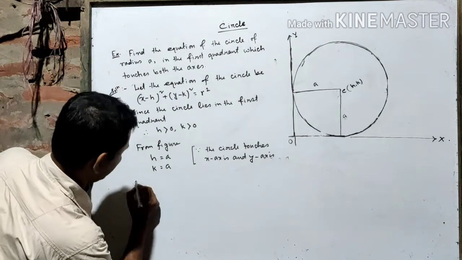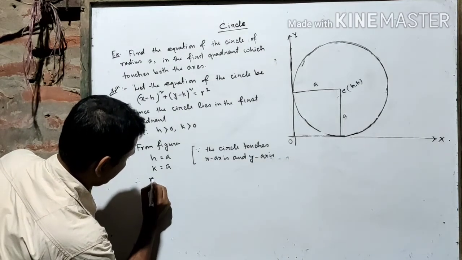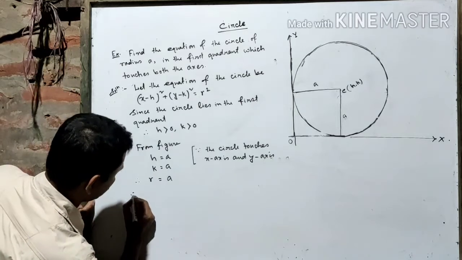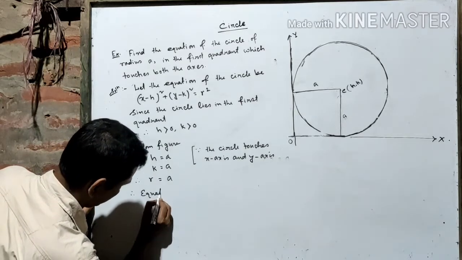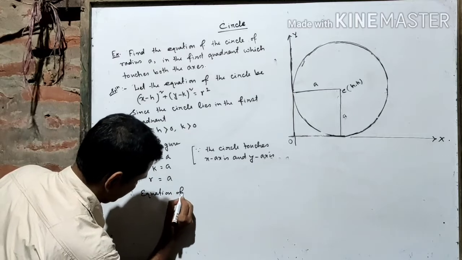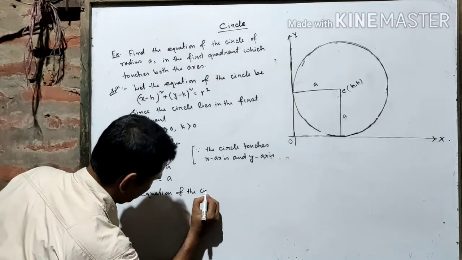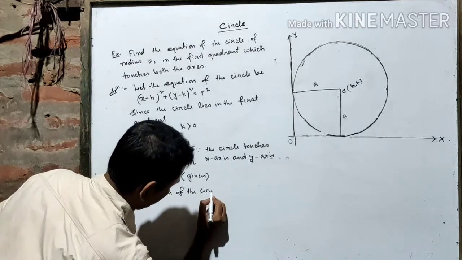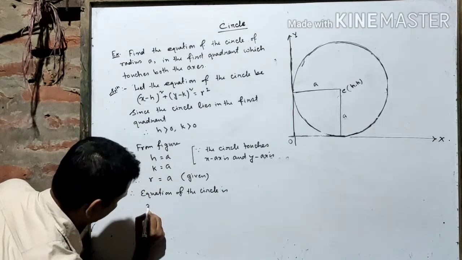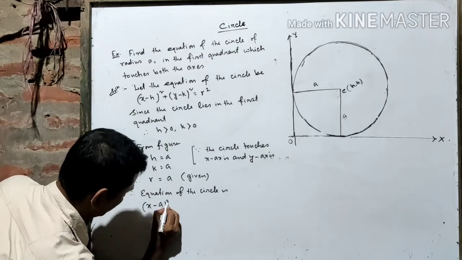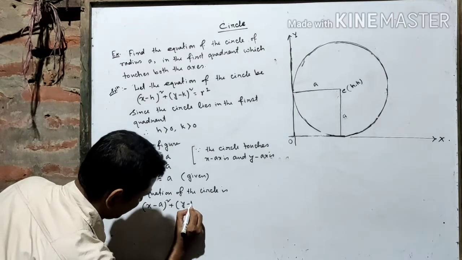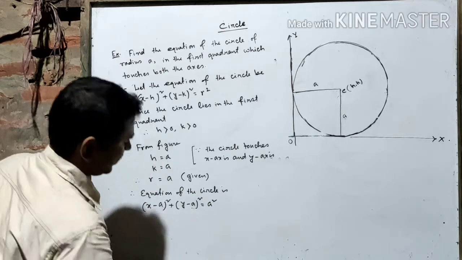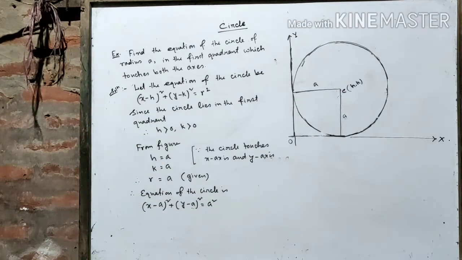Also, r is equal to a, because this is given. Therefore, the equation of the circle is x minus h whole square, h is a, plus y minus k, k is also a, whole square is equal to a square. Okay. So this is the answer.